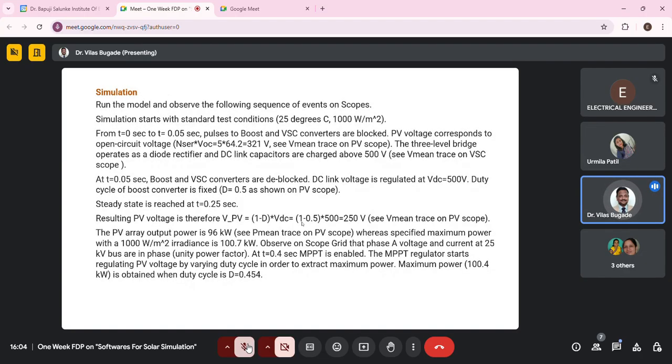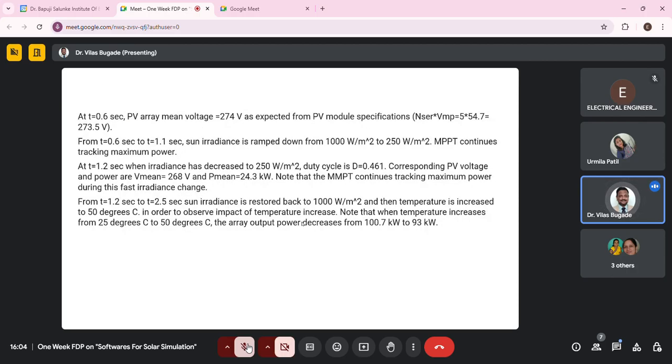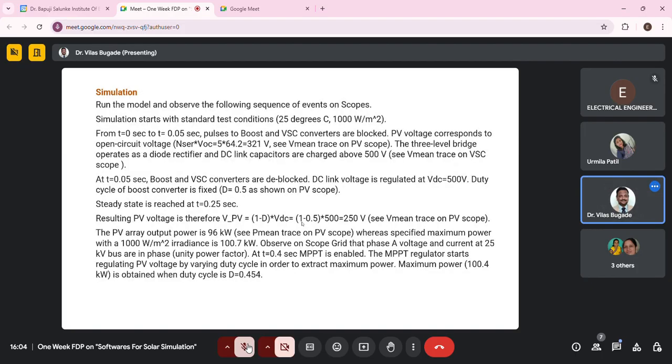It is possible to run this simulation for 0 to 0.5 second, or 0.6 second, or 1.2 second. What we are observing in that case is that when I run it from t to 0.2 second to t to 0.05 second, the scope shows 220 to 320 volt, and at 0.0 it is 500 volt.